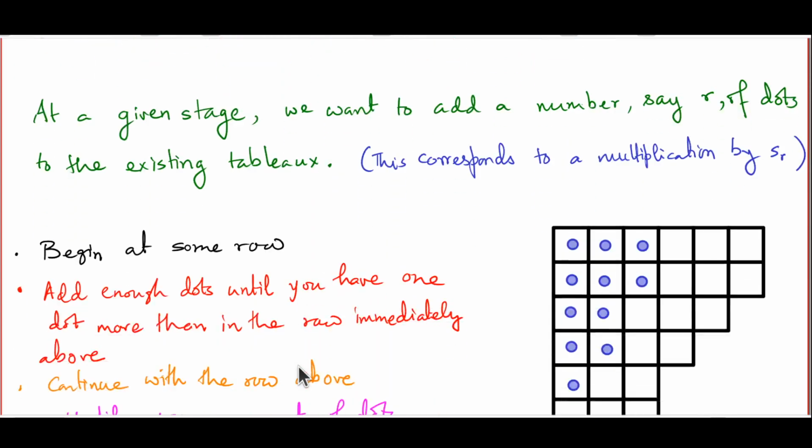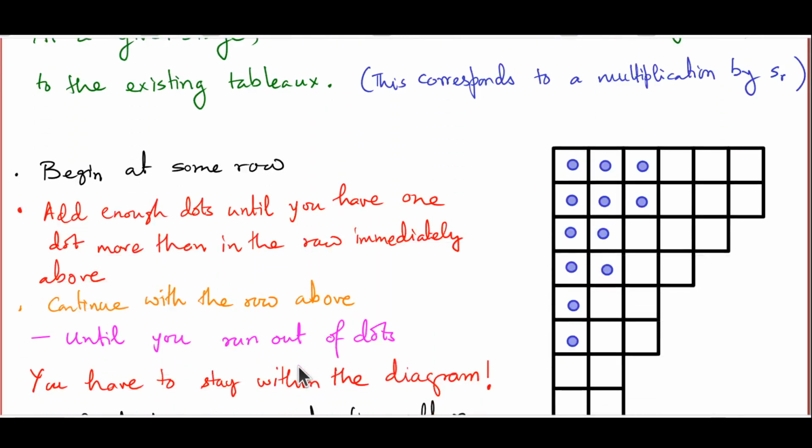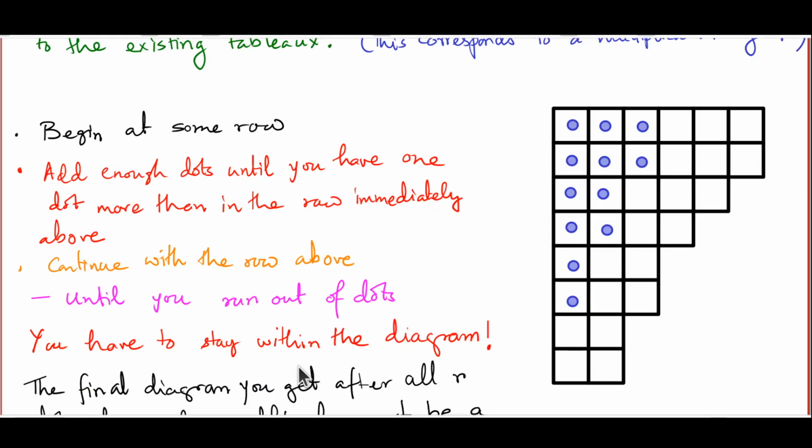Now, the rule for this would be you have to begin at some row. Let us just say, for the sake of argument, that we need to begin perhaps at this particular row. And what I am going to do is add enough dots to this row so that I have one more dot at the end than in the row immediately above it.